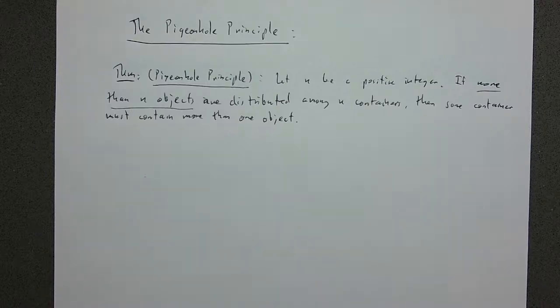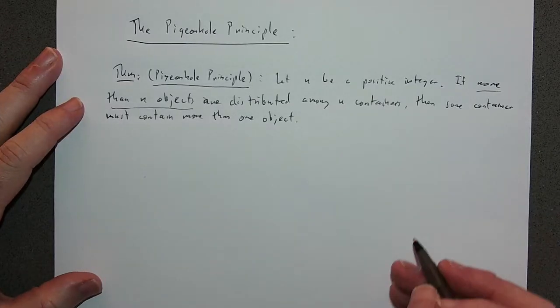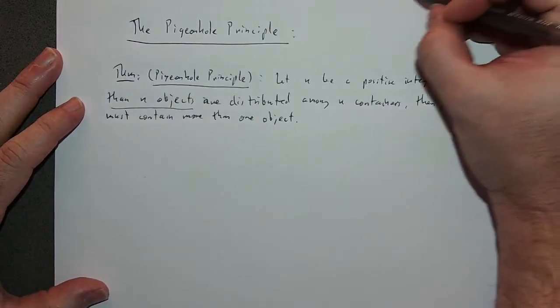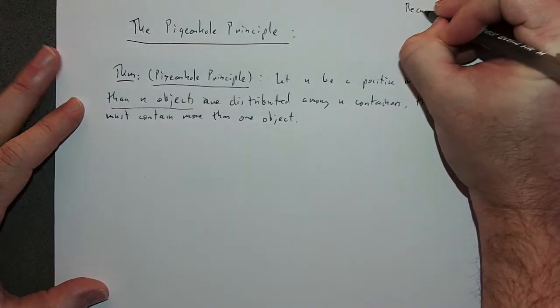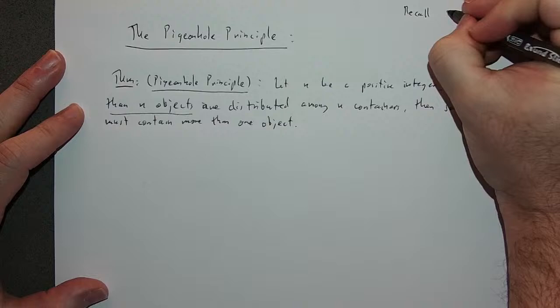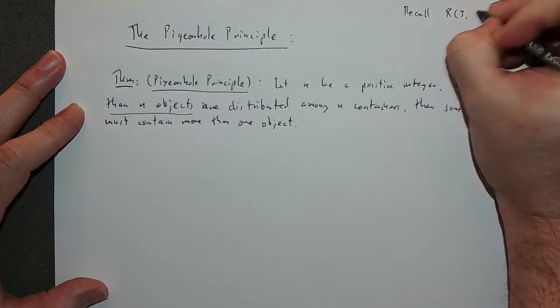Again, this seems very trivial. Where did we use this before in graph theory? Recall our computation of R(3,3), the Ramsey number.